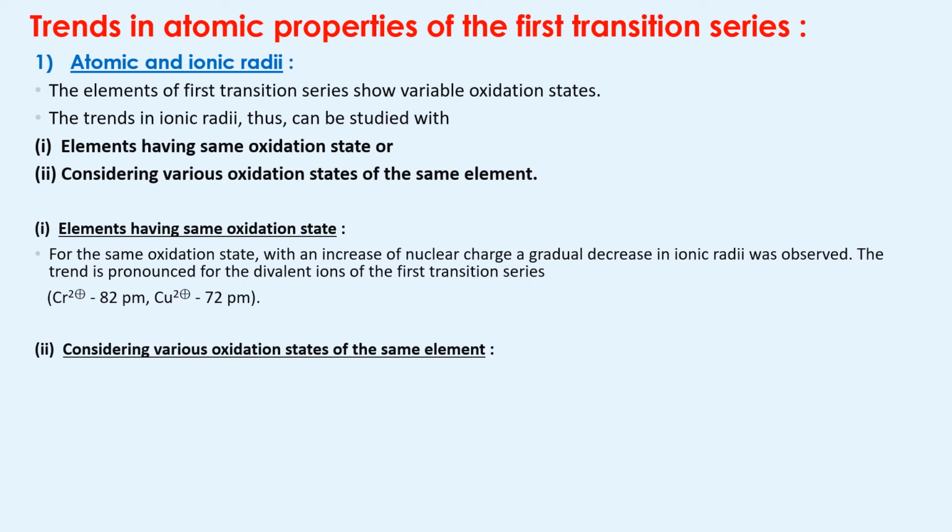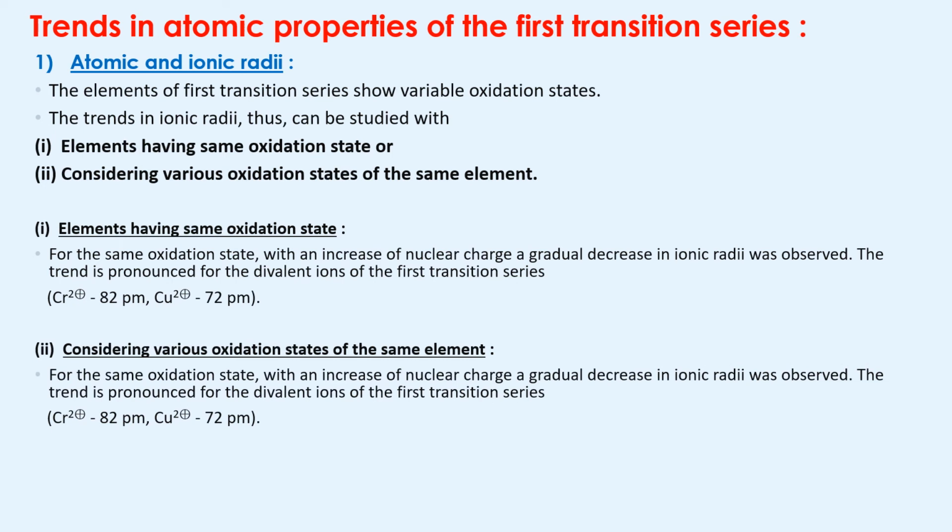Now we take various oxidation states of the same element. For the same oxidation state, with an increase in nuclear charge, ionic radii decreases.